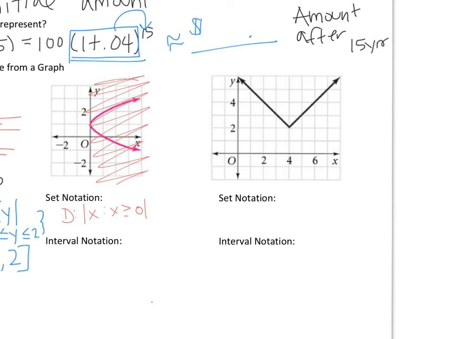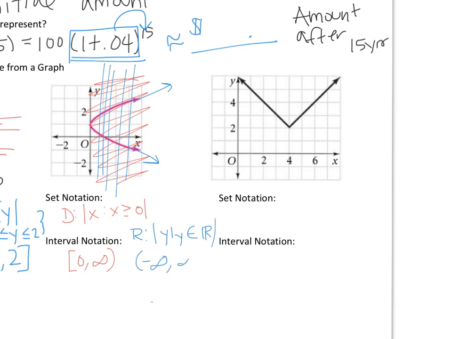So interval notation would be it starts at 0 and goes to infinity. Range is how much is it going up and down. So this parabola goes on forever up and down. So the range is y such that y is an element of all real numbers. And we're going from negative infinity to infinity.